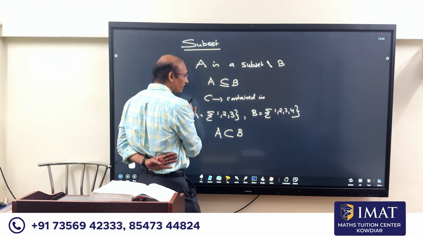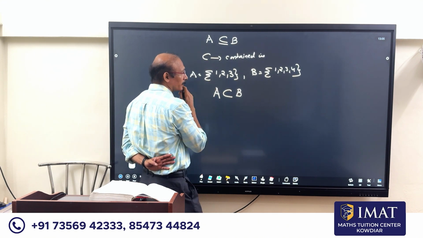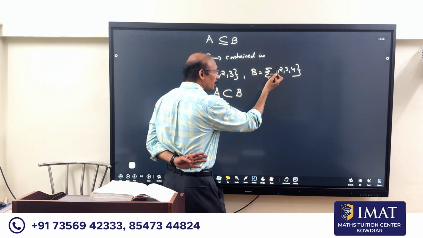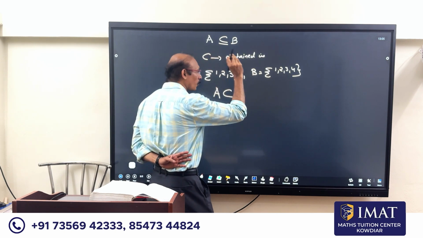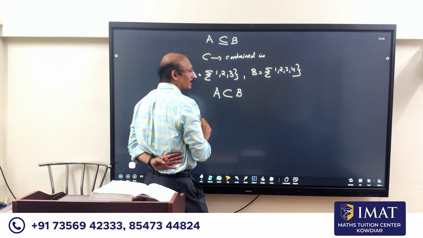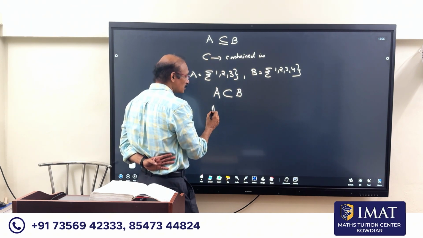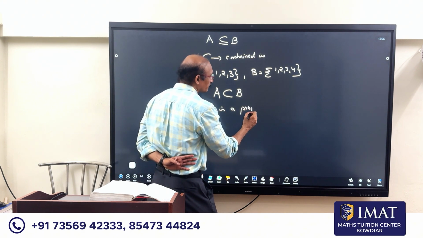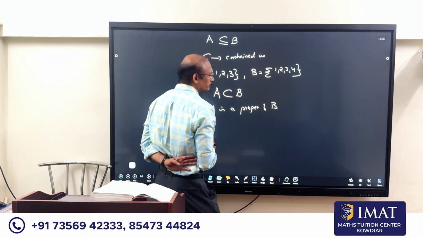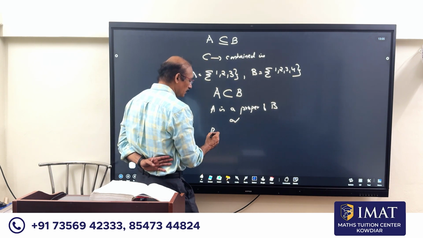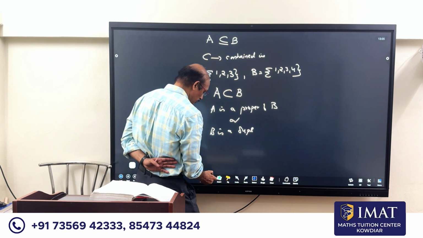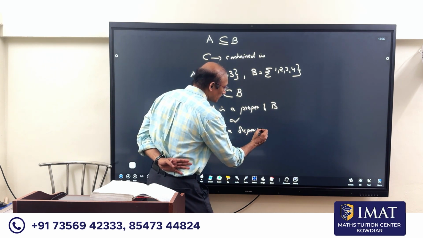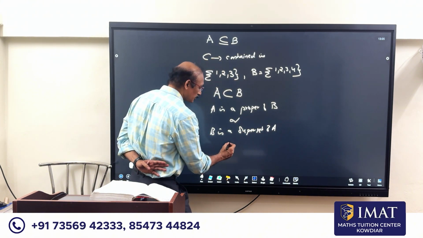So, since you don't know whether it is properly contained or equal to, if you are not sure, then use this symbol. If you know that, see this example, A is contained in B and there are other elements in B which are not there in A, there you say A is properly contained in B and you write like this. This means A is a proper subset of B. Or you say B is a superset of A, and it is written like this.